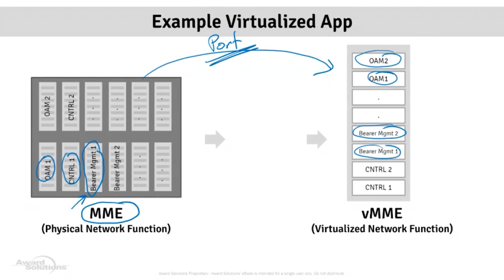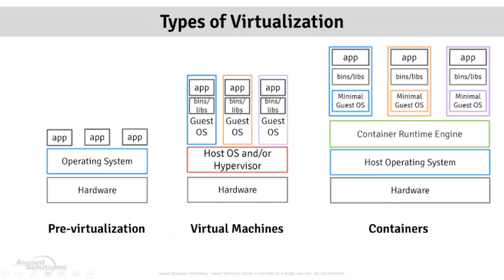But each of these different services can be quite large. And I've already drawn pictures similar to this. We're talking about pre-virtualization, where we were just installing the apps, then virtual machines, and then containers.